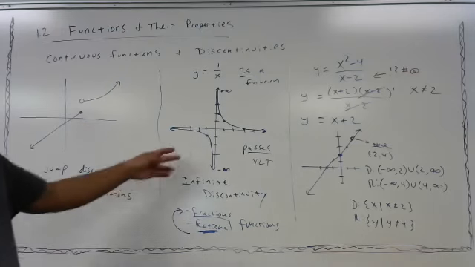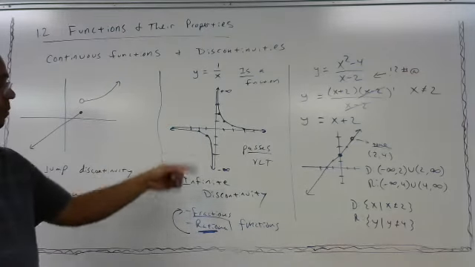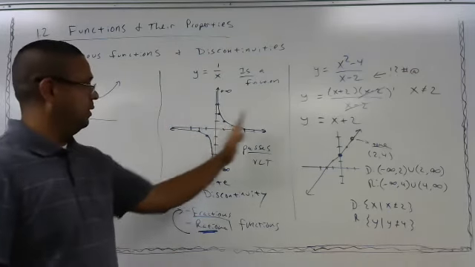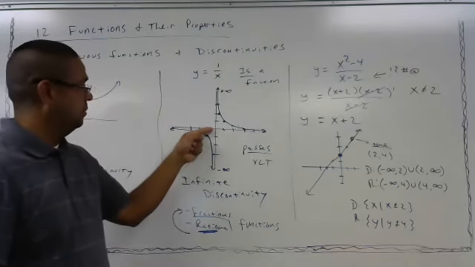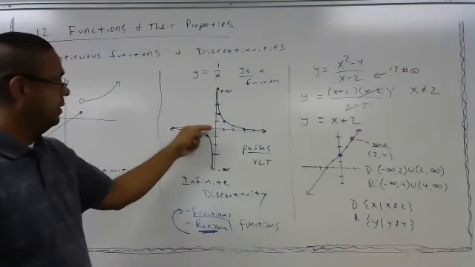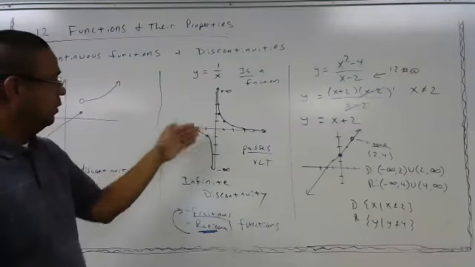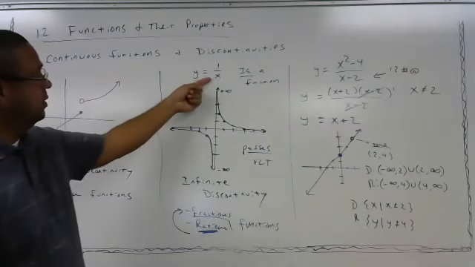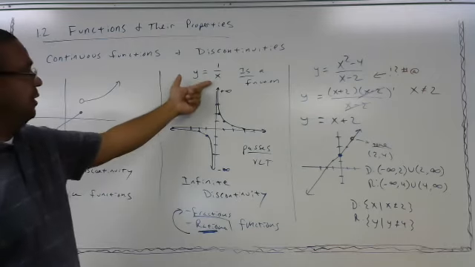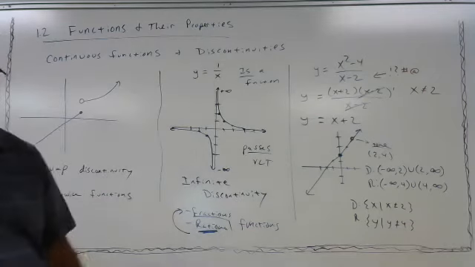And here it'd be similar, it'd just be with zeros. So here your domain is pretty much the entire number line except for 0. We have a vertical asymptote here on the y-axis. So I cannot use x equals 0, and you know that because x is in the denominator. If you put 0 in the denominator, 1 divided by 0, you can't do it.